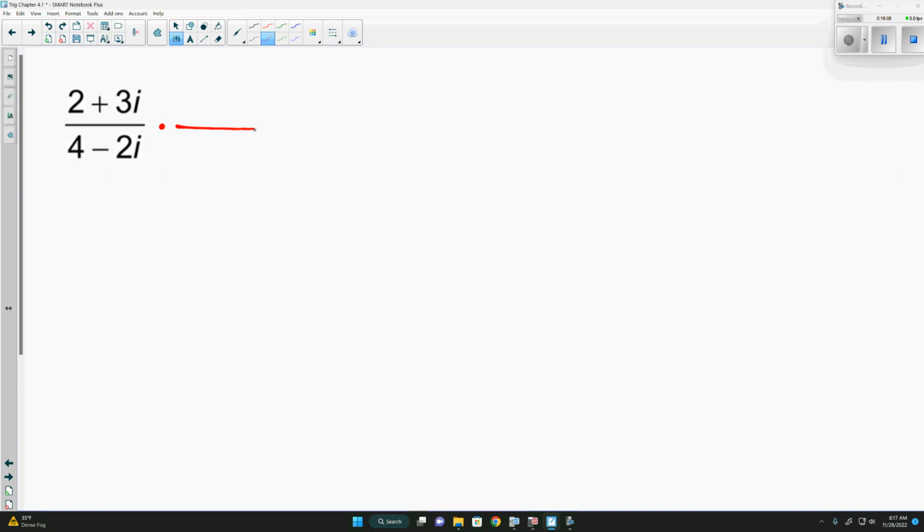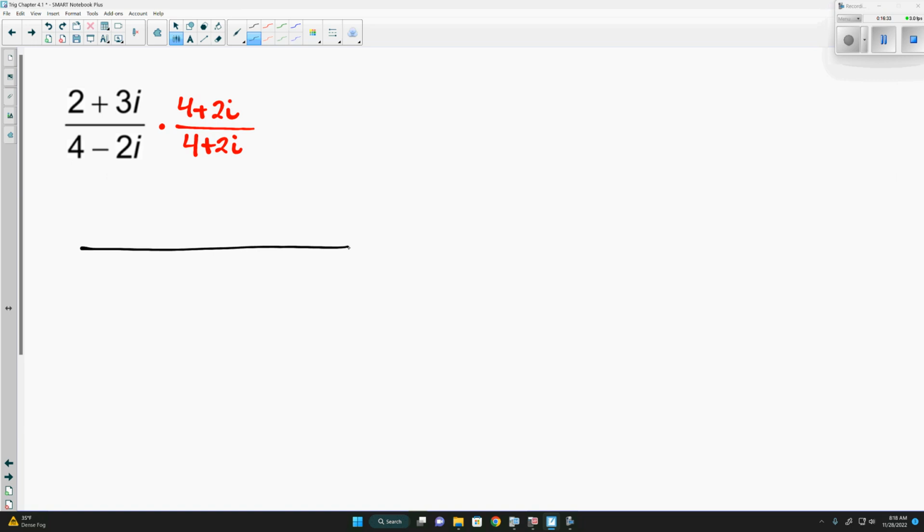So to simplify this, we multiply the top and bottom of the fraction by the complex conjugate of the denominator. So the complex conjugate of the denominator is going to be 4 plus 2i. So here we're going to multiply the top and bottom of this fraction by 4 plus 2i.